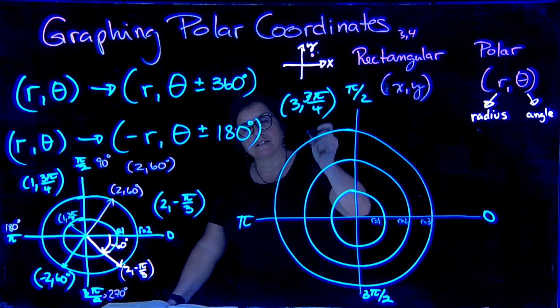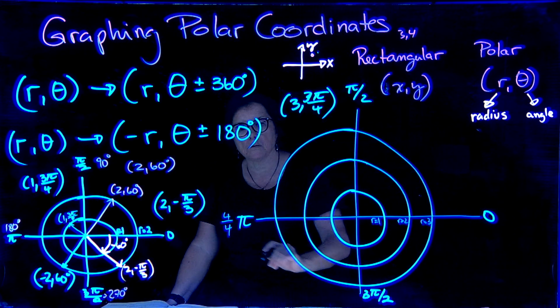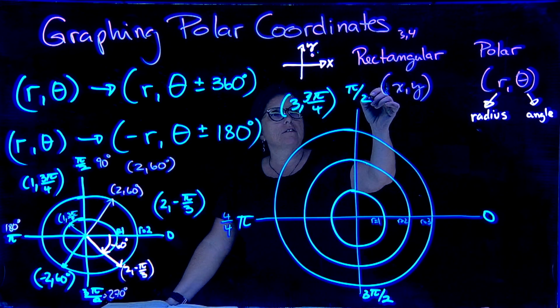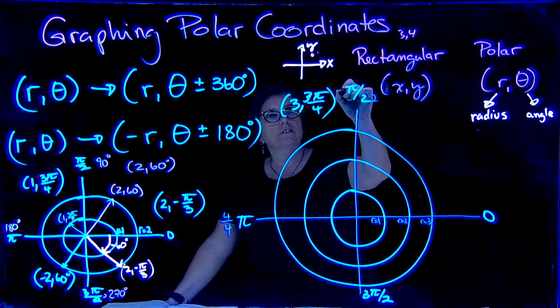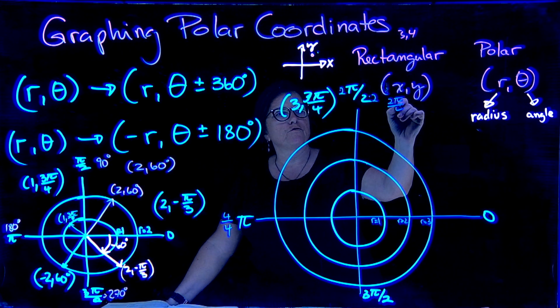Well, since my denominator is 4, I can change this pi into 4 over 4 pi. And this pi over 2 needs a 2 here and a 2 there, so that gives me 2 pi over 4.